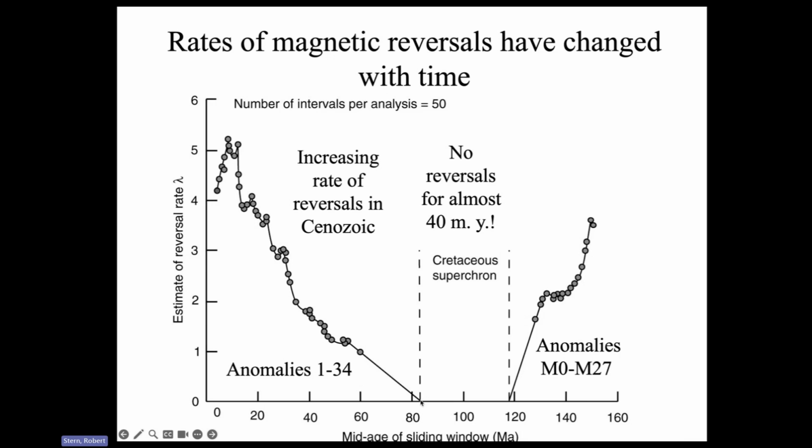When the reversals started again, they were quite slow. The reversal rate was on the order of 1. And then, up until recently, it was just increasing until it reached a maximum of 5. And that's where we are today.